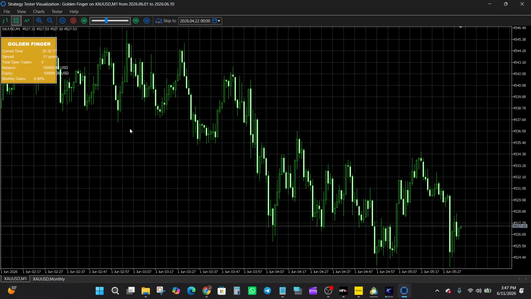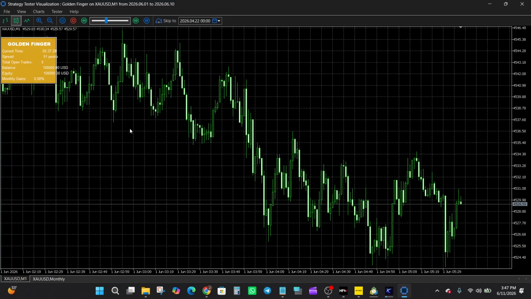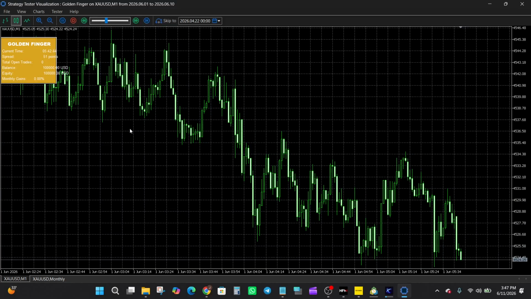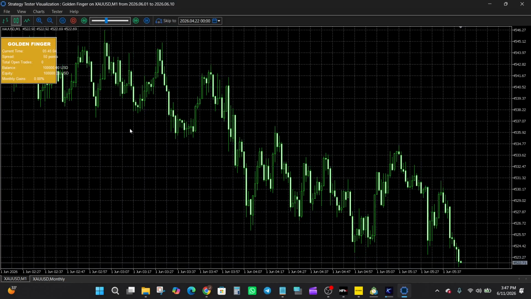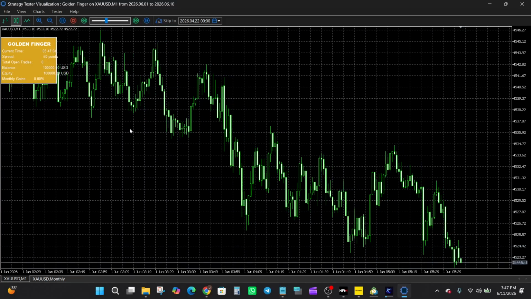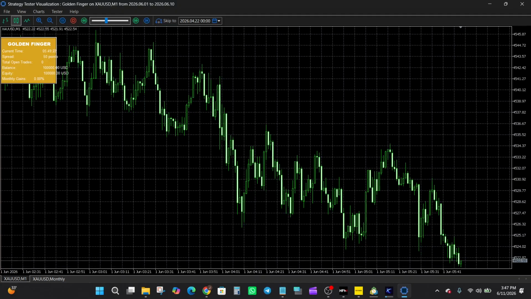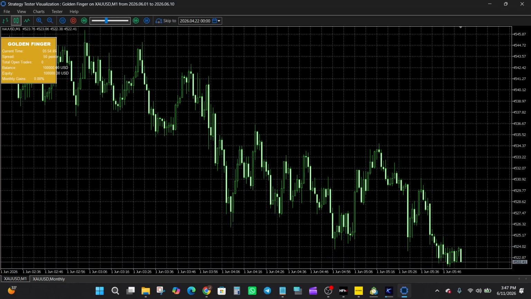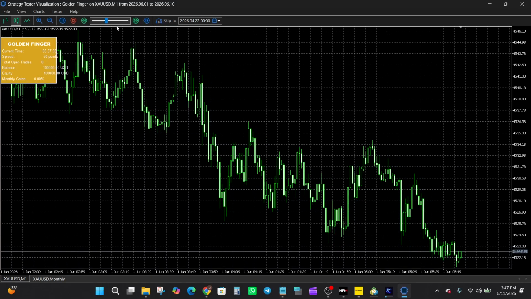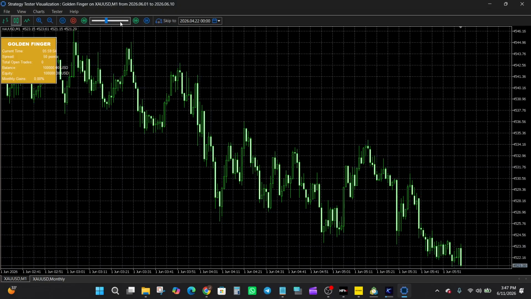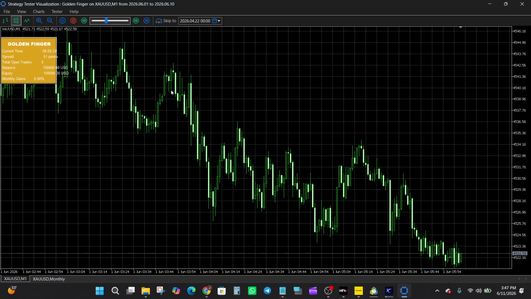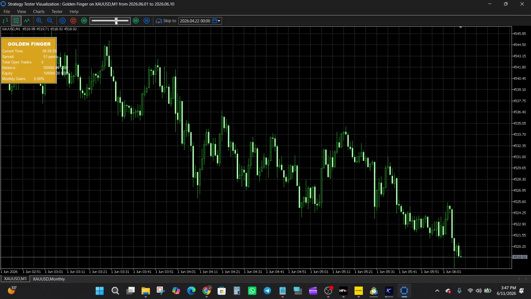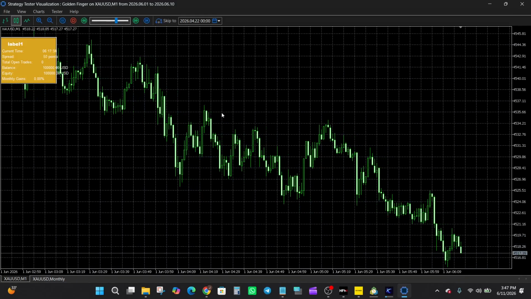What stands out is that this type of system is more about controlled execution and timing rather than aggressive trading behavior. From a strategy perspective, it looks like entries might be influenced by session timing and structured conditions rather than random market exposure.